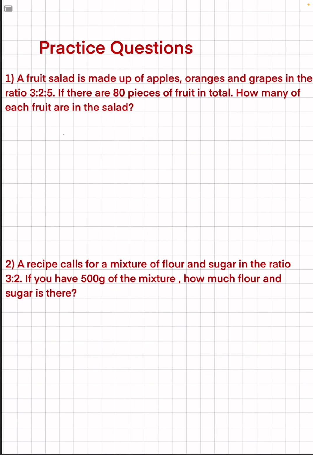So the salad is made up of apples, oranges, and grapes in the ratio 3, 2, and 5. To work out how many pieces of each fruit in the salad, we need to work out the total number of shares.